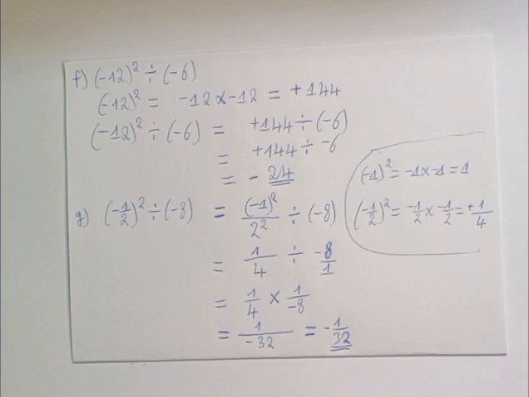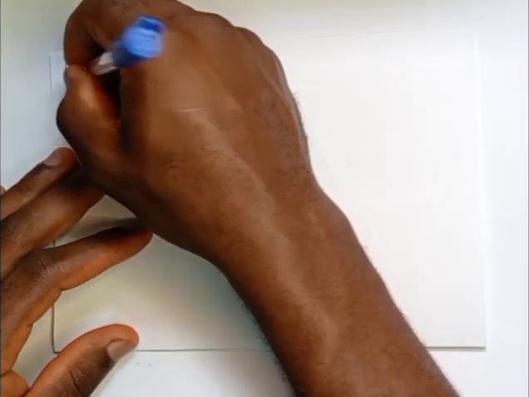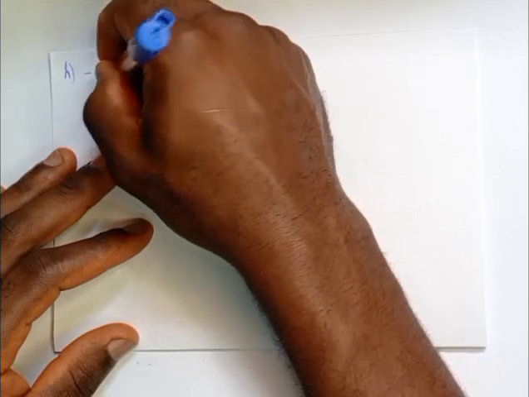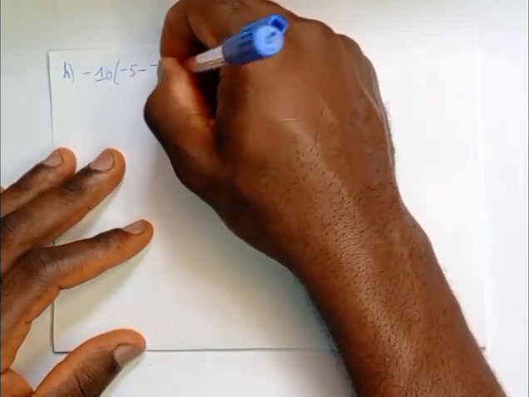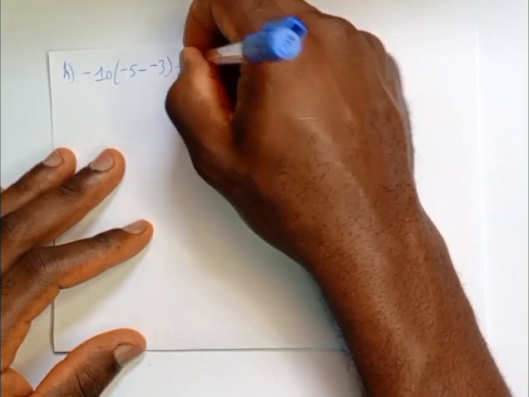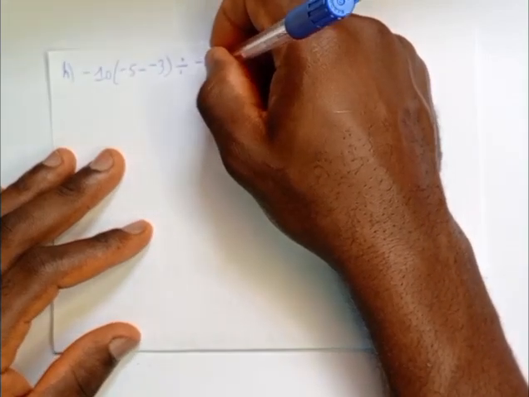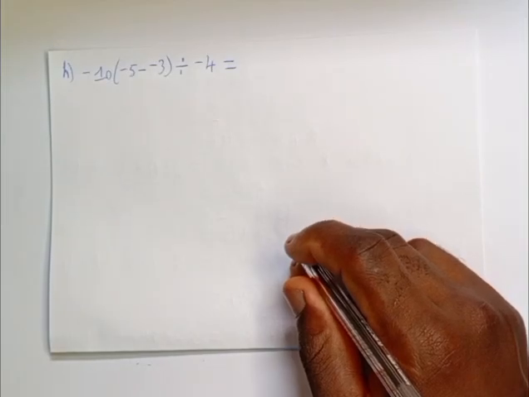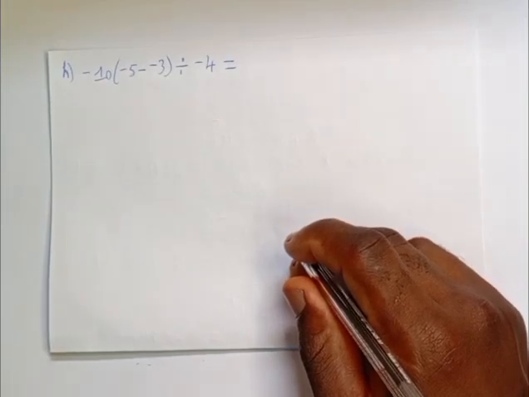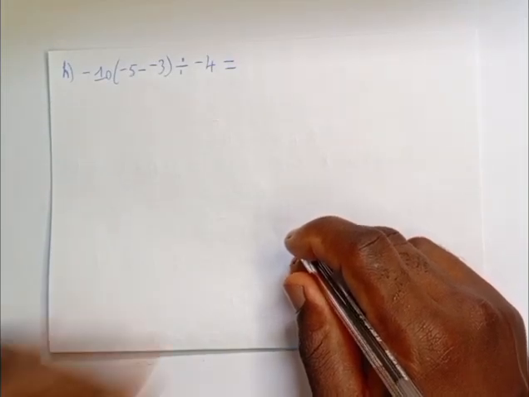We move now to question H. We have negative 10 times negative 5 minus negative 3 divided by negative 4. This will simply be equal to, we are going to make use of BODMAS in this question. First thing, we need to start by eliminating the brackets.